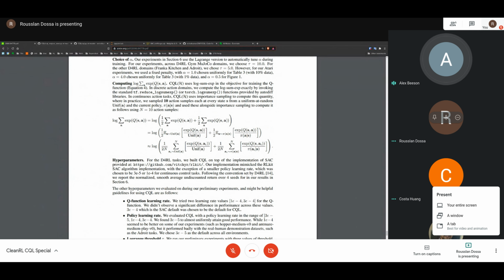Isn't that just going to make that term enormous if your probabilities are really low? I don't know. I just think it might balloon, but I haven't tried it, so I don't know. I guess further experiments are required.